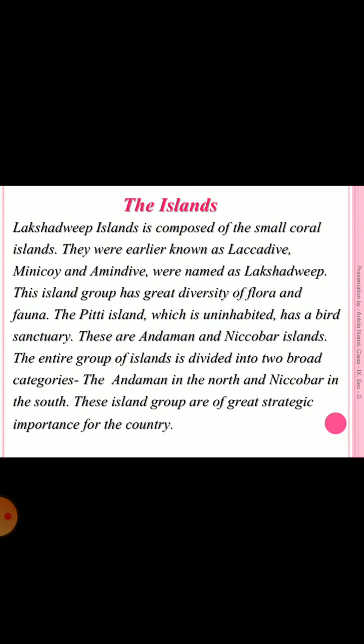Port Blair is the capital of Andaman and Nicobar Islands, and these two groups of islands are union territories of India. As you can see in this slide, the Lakshadweep Islands and the Andaman and Nicobar Islands.